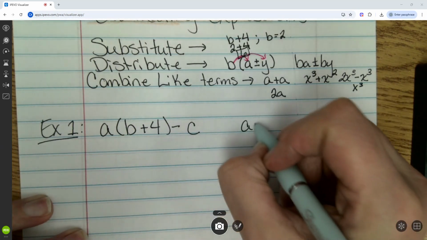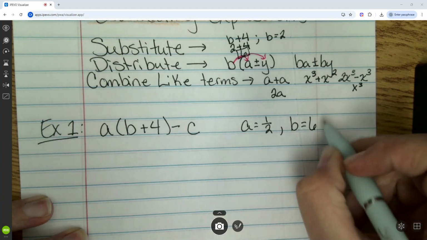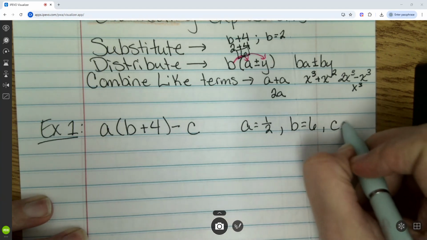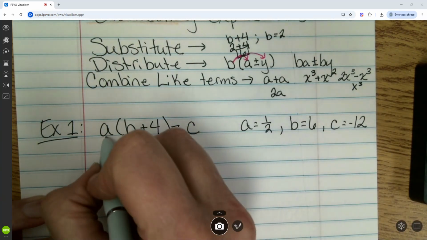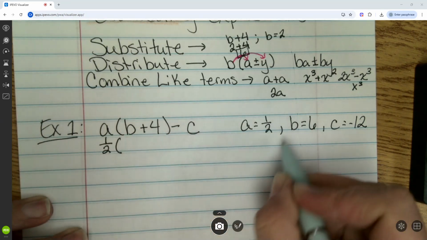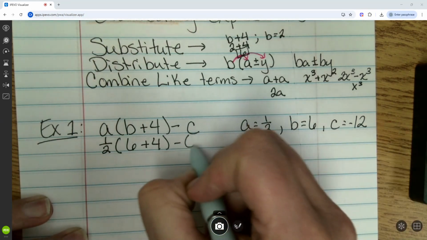Okay, again, they will tell you what they want you to substitute. If they don't, then you're going to have some variables, some letters in your answer. Okay, here we go. So a is going to become 1/2, b is 6, and c is -12.